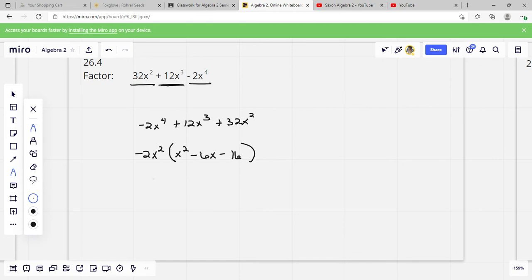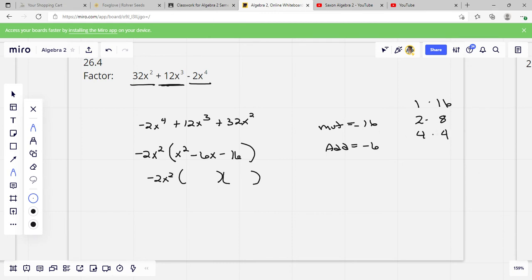Okay, so now I'm going to write negative 2x squared, just what was at the beginning, and then I'm going to write 2 parentheses. Alright, so I need them to multiply to negative 16, and then I needed to add to negative 6. So my factors of negative 16 would be 1 times 16, 2 times 8, 4 times 4.